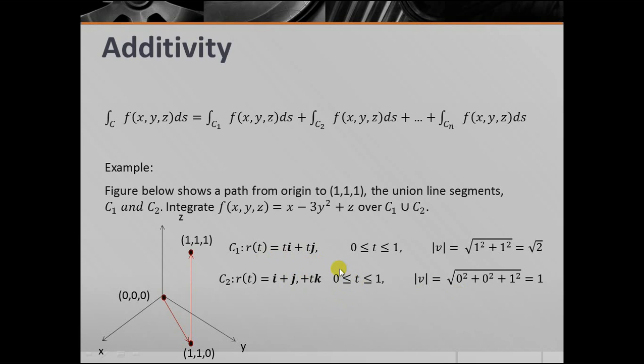While the r(t) for C2 is i plus j plus tk, because in this case our xy coordinate is (1,1), and only z varies. The intervals for t in both line segments are the same, which is from 0 to 1. The magnitude of v for C1 and C2 are square root 2 and 1 respectively.